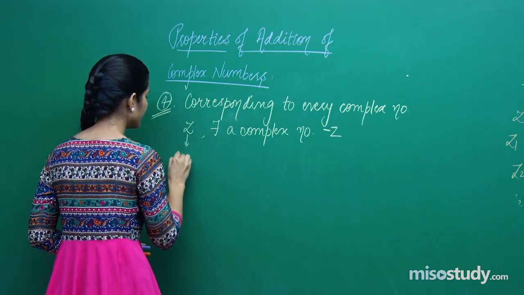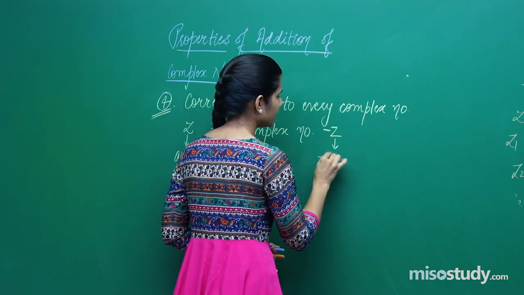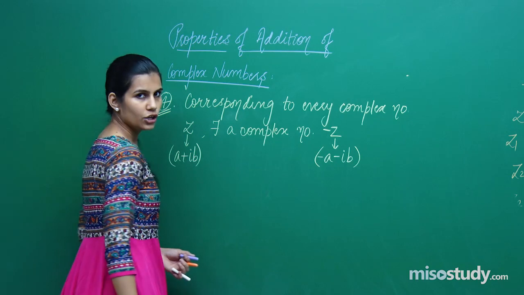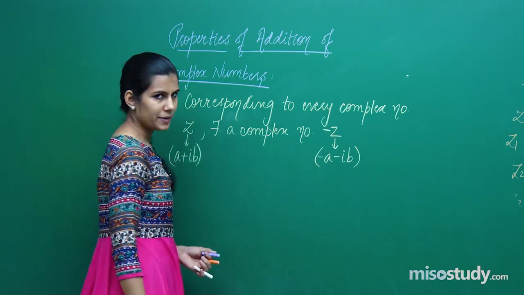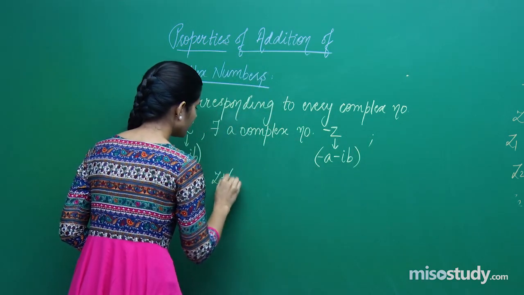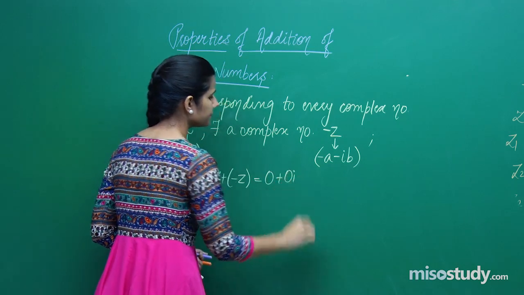If I define z as a plus iota b, then minus z is minus a minus iota b. Corresponding to every complex number z, there exists a complex number minus z such that z plus minus z is 0 plus 0 iota.